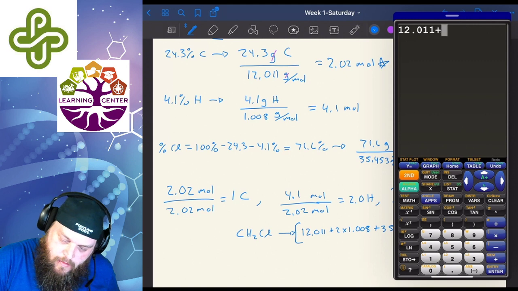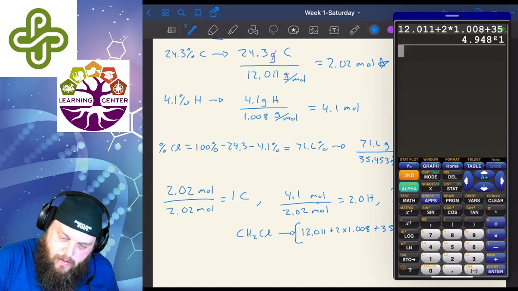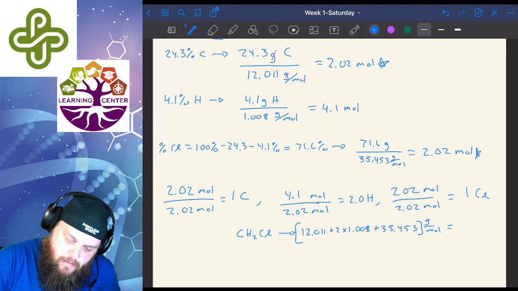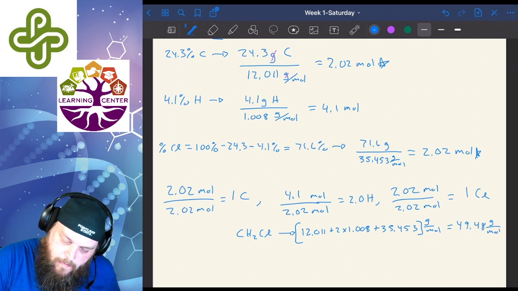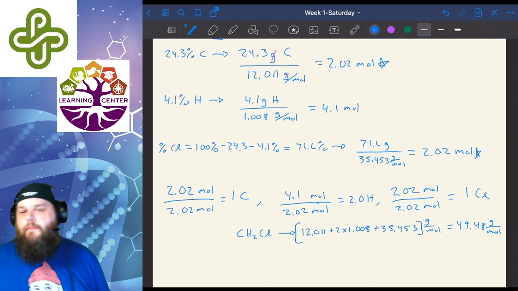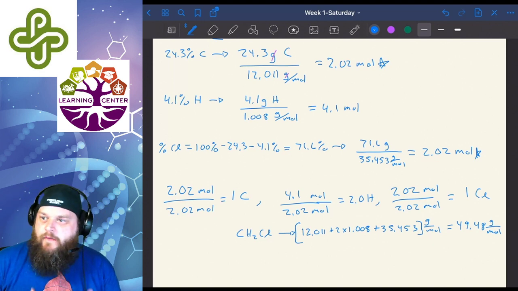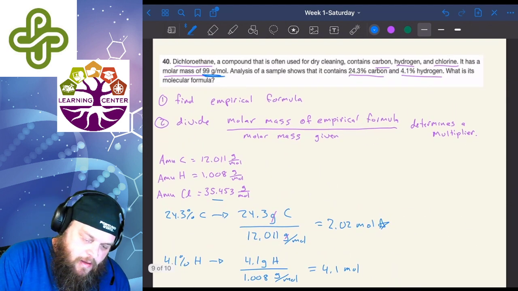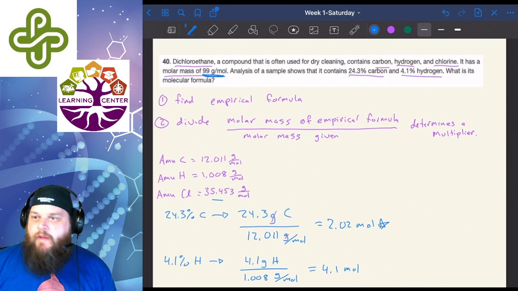12.011 plus 2 times 1.008 plus 35.453 is 49.48 grams per mole. So that's the molecular mass of the empirical formula. We know that the sample we had was 99 grams per mole.